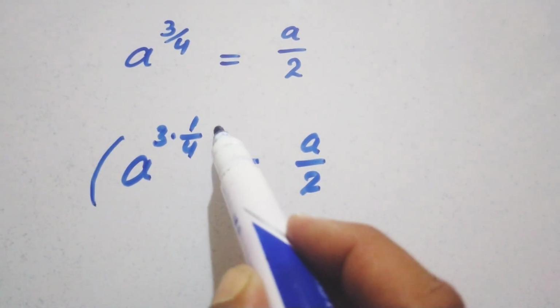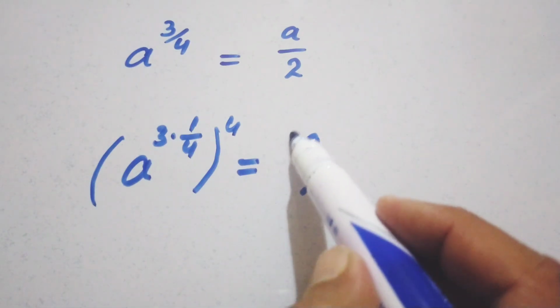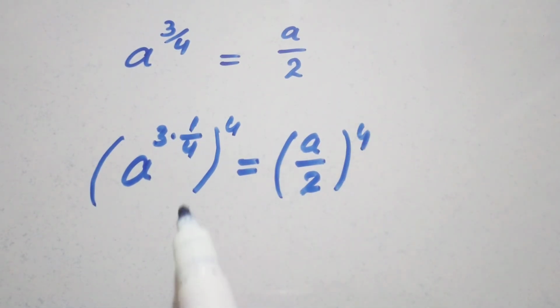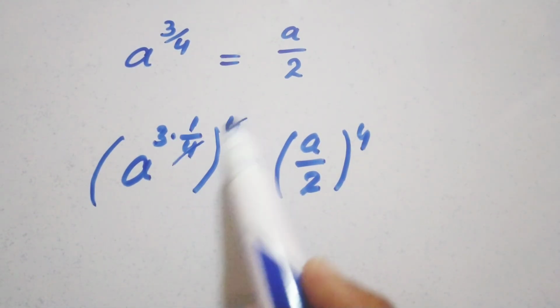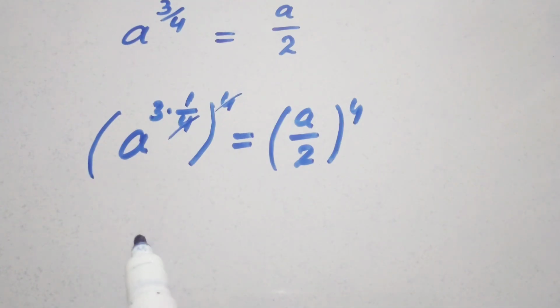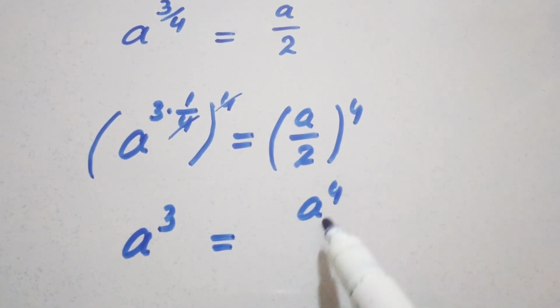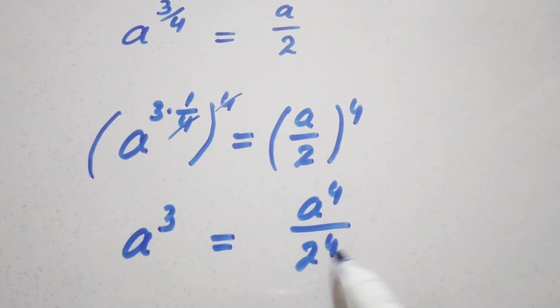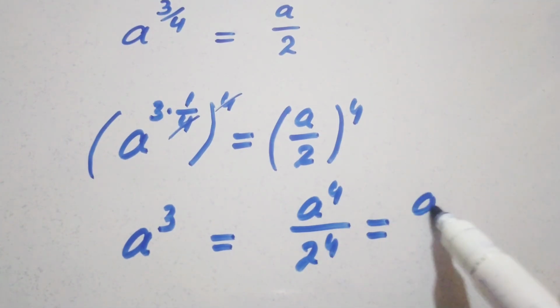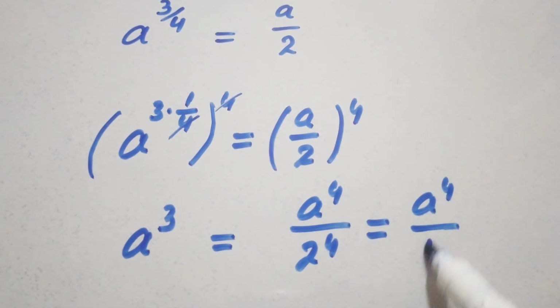Now taking exponent 4 on both sides. So this 4 from denominator and this 4 cancel out each other. Here a cube is equal to a power 4 divided by 2 power 4, which is 16.